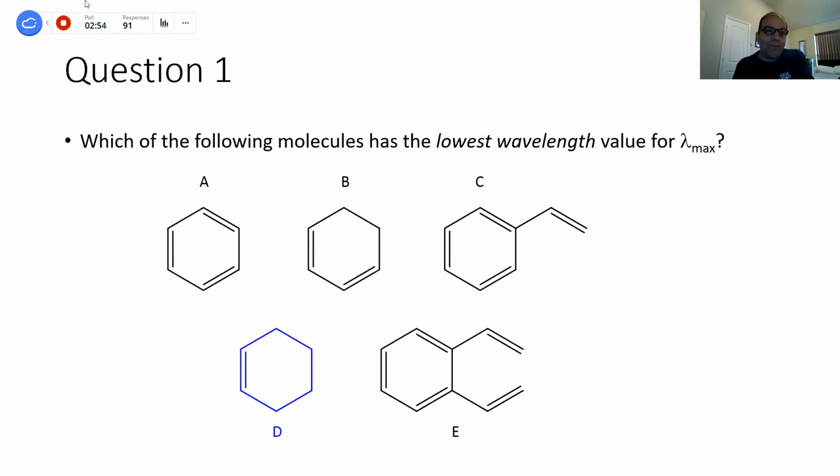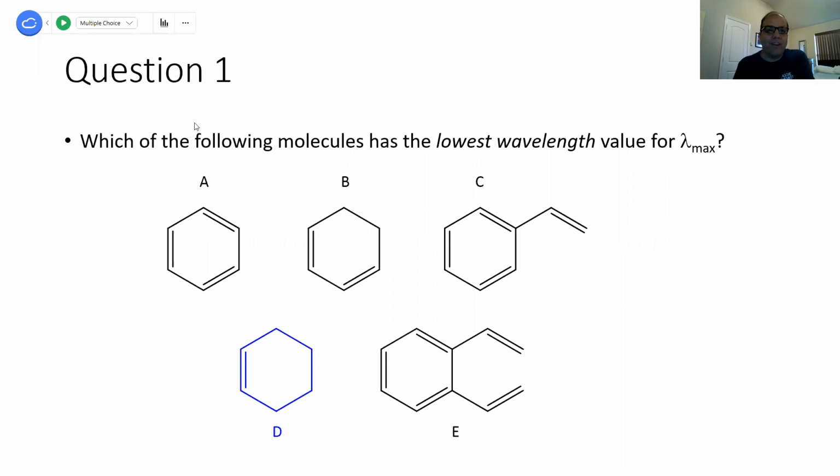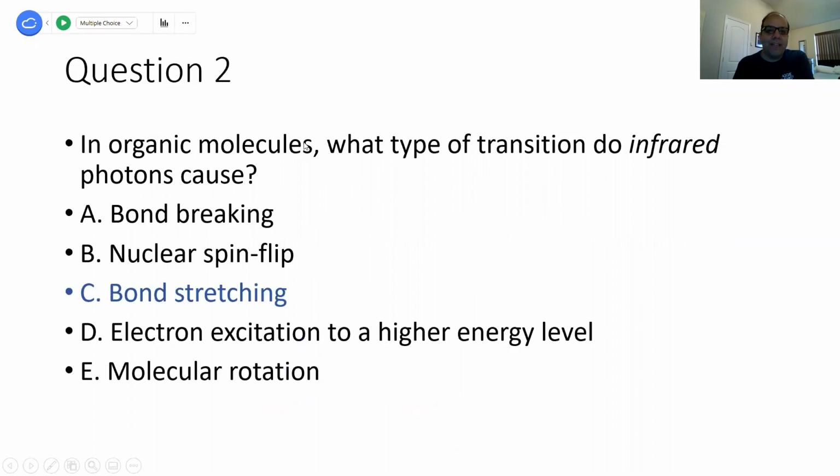All right, so what I would then do at this point is I will check your answers, and I will mark which one is correct. And even if I forget to do that, by the way, I can always do that later. So the next question is, in organic molecules, what type of transition do infrared photons cause? And again, I may or may not be giving it away, at least if you look real closely. I will not typically do that, but since it doesn't count anyway, hopefully that's the answer you would have picked.